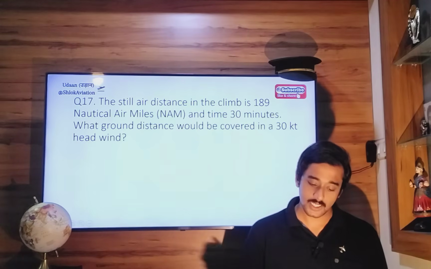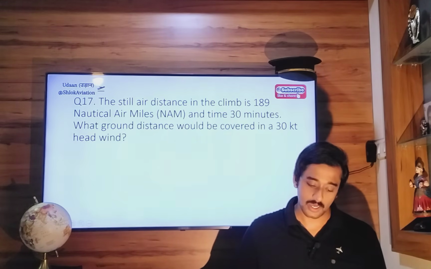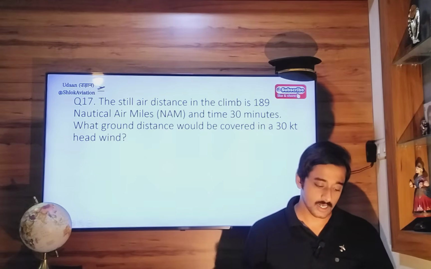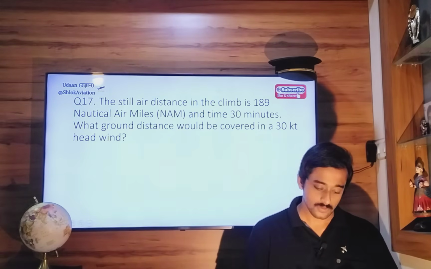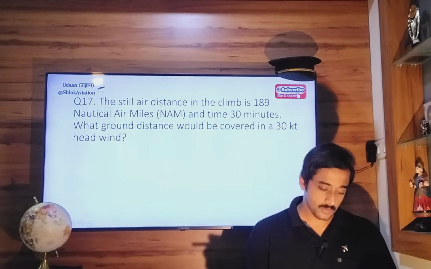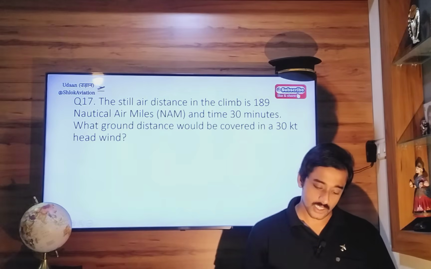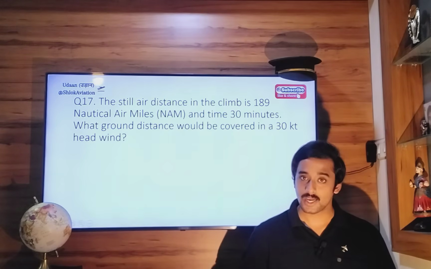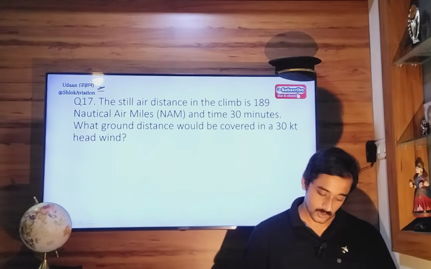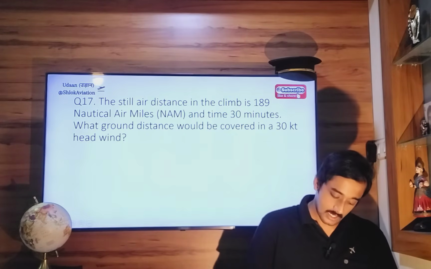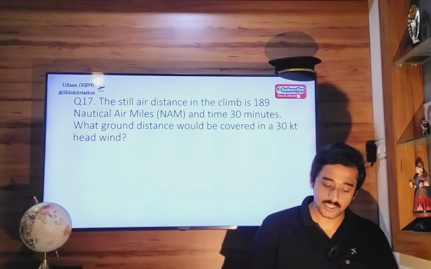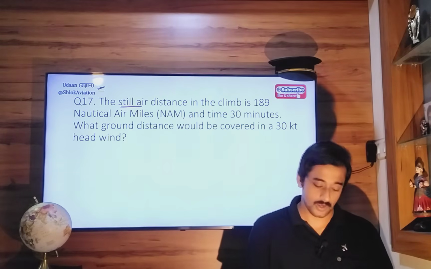The still air distance in the climb is 189 nautical miles. Time is 30 minutes. What ground distance would be covered in a 30 knot headwind? It's a still air distance, that means we are flying in calm atmosphere.